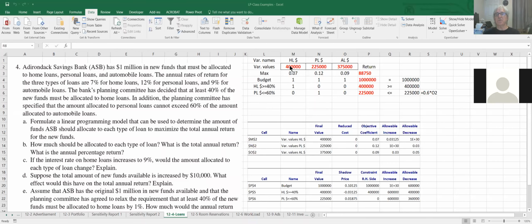There is already a solution here which you allow me please to delete, because I don't want you to see it yet. And we are going to do everything here from A to Z. So, okay. This is the model that you've seen. These are the entries to the model. And here, if you notice, I put 0.6 times O2. You can see it here.